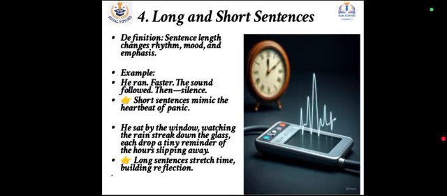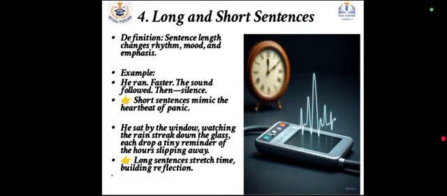The next is long and short sentences. Sentence length changes rhythm, mood, and emphasis. For example, he ran faster. The sound followed, then silence. This is a short sentence. It may make the heartbeat of panic.